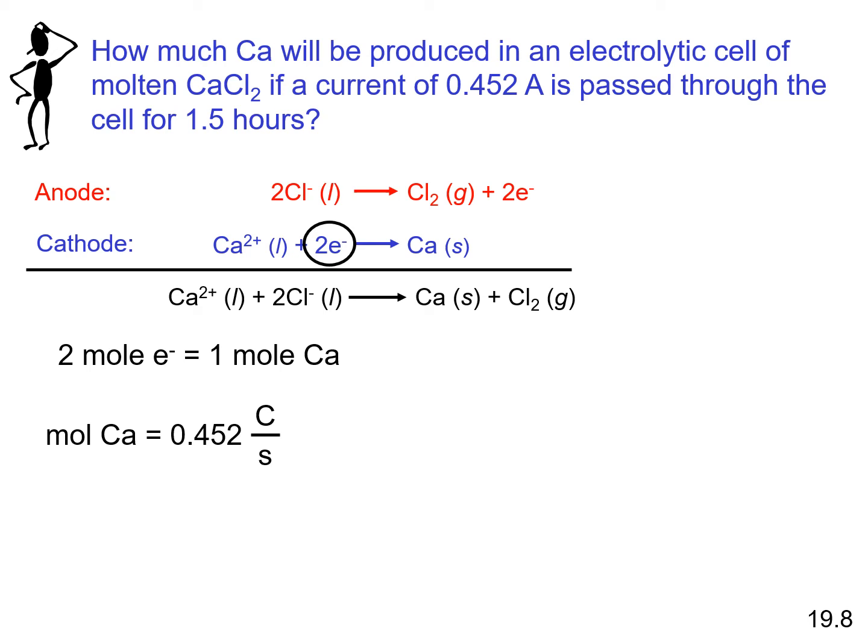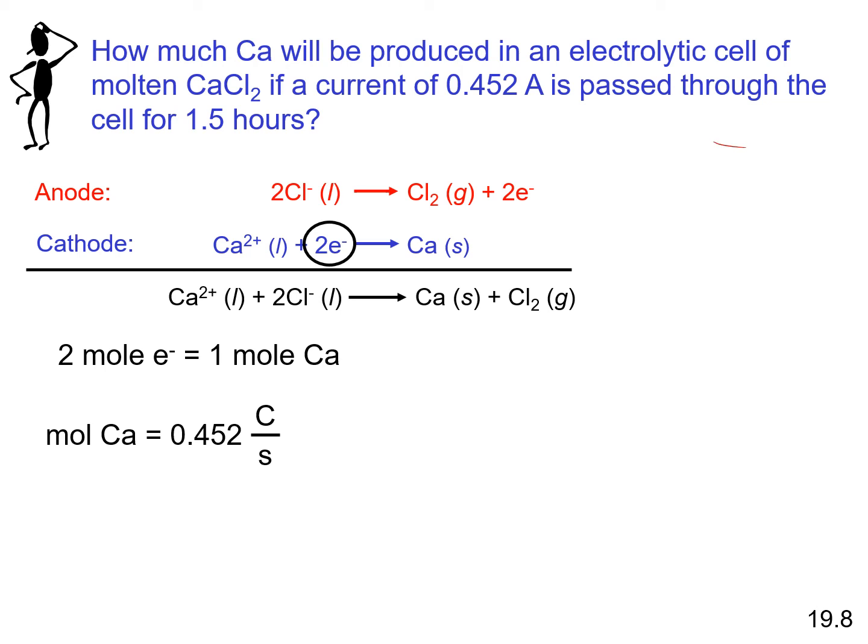First, we need the current, no? So 0.452 in ampere, we convert that into coulomb per second. So ampere is just equal to coulomb per second.